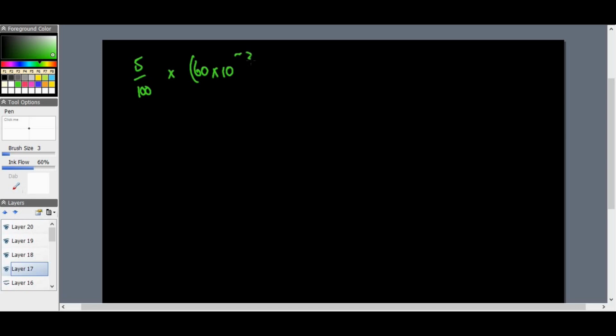Sorry, I said megawatts, I meant milliwatts. That is equal to 3 times 10 to the negative 3 joules per second, the energy radiated per second.